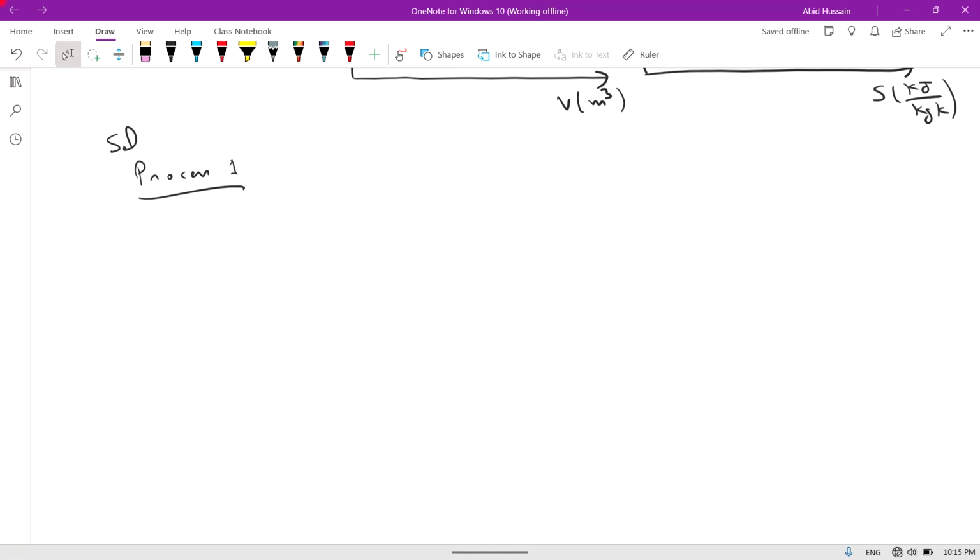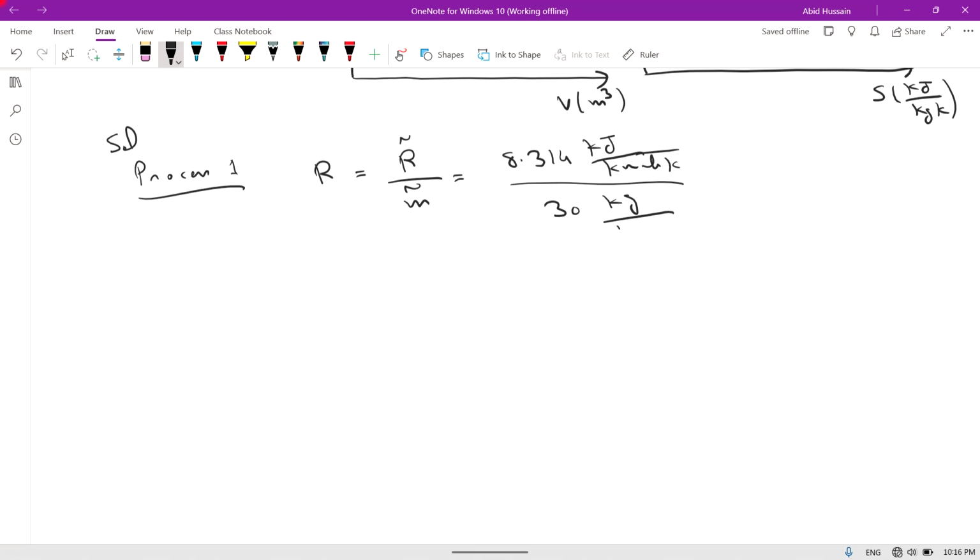So for process 1, we have to find gamma, Cp, Cv, and R. First we find R. We know that R is equal to the molar gas constant divided by the molar mass. The molar gas constant is 8.314 kilojoule per kilomole per Kelvin, divided by the molar mass, which is 30 kilograms per kilomole.